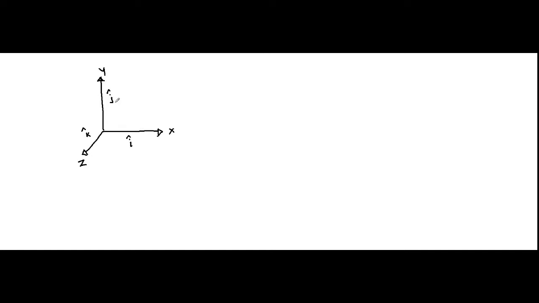I've discussed these unit vectors in detail; you can watch the video in the basic physics playlist. So here we'll be discussing the dot product associated with unit vectors. This will play an important role in determining the dot product of 2 given vectors.